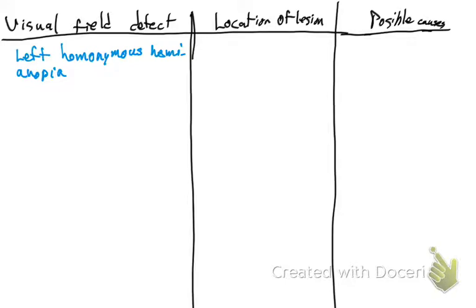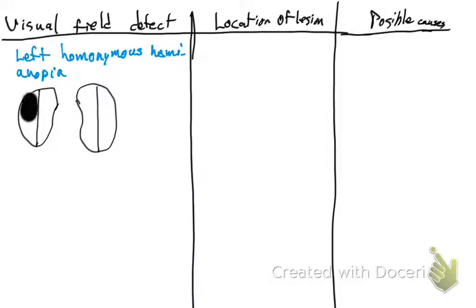Okay, we need to work with that. So if it's left, that means it is going to be blind on the left side. Okay, so in the left side it is going to be blind here, and it's going to be blind here. Got it?